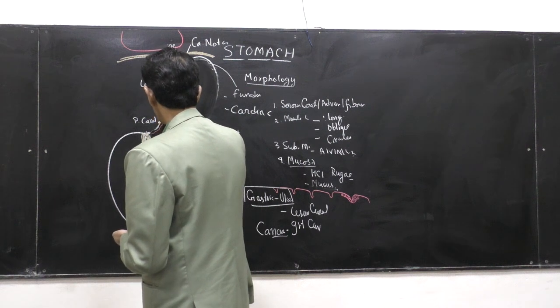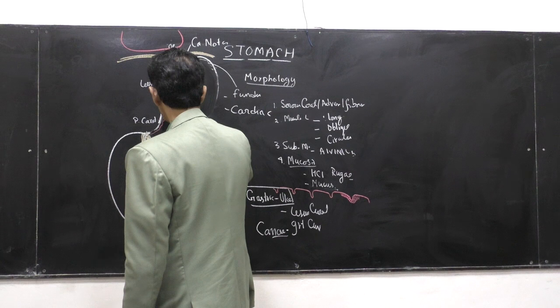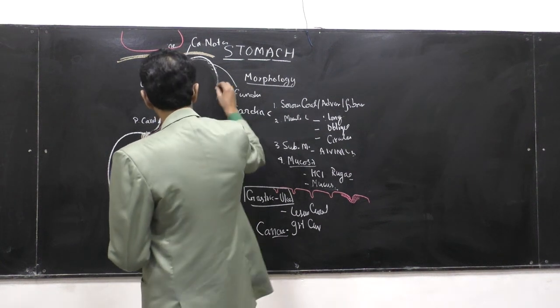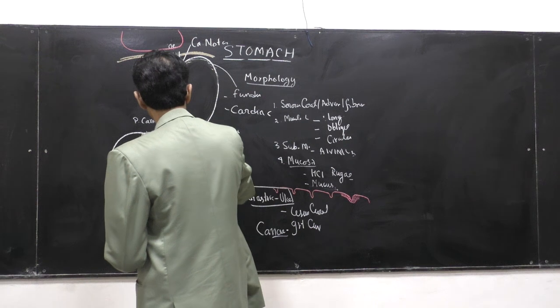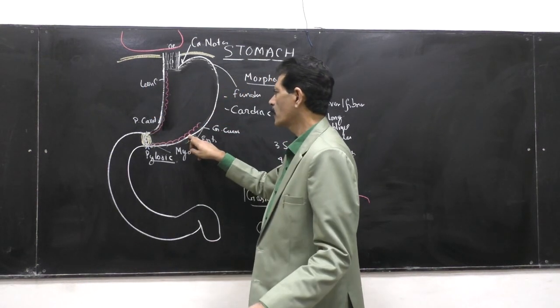The mucosa on the greater curvature is also exposed to the HCl. So how is it differentiated, that ulcer is common near the lesser curvature and cancer is common in the greater curvature mucosa?